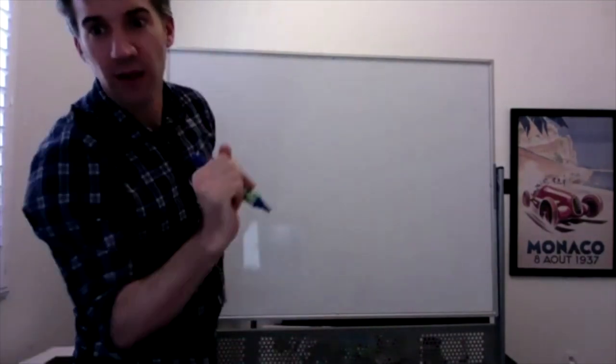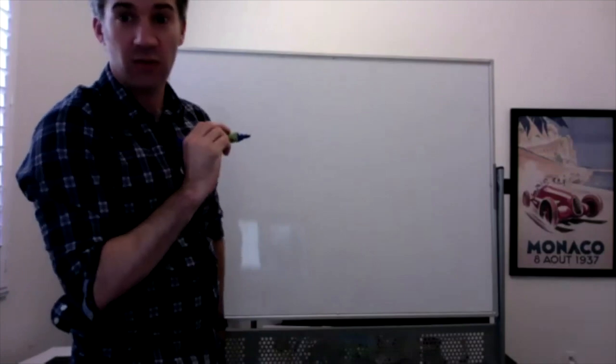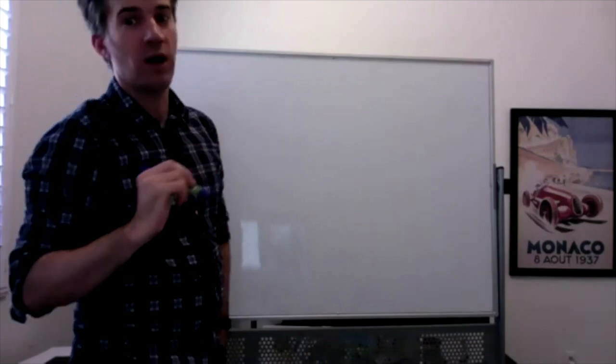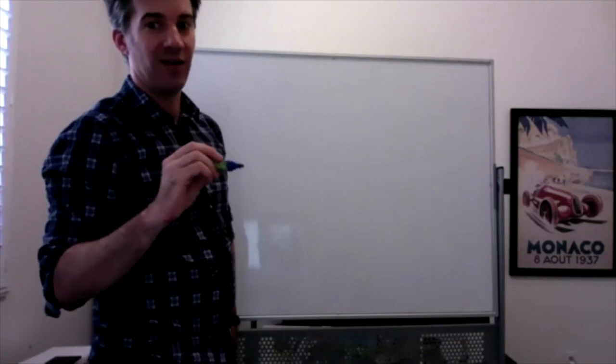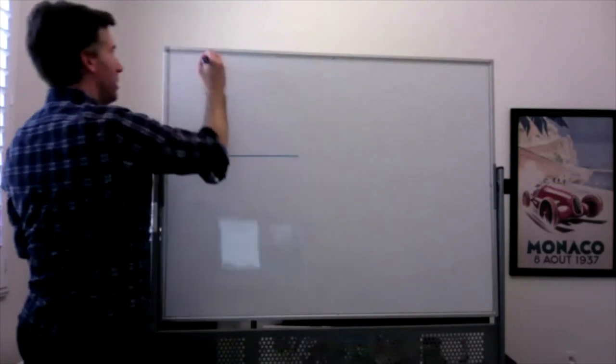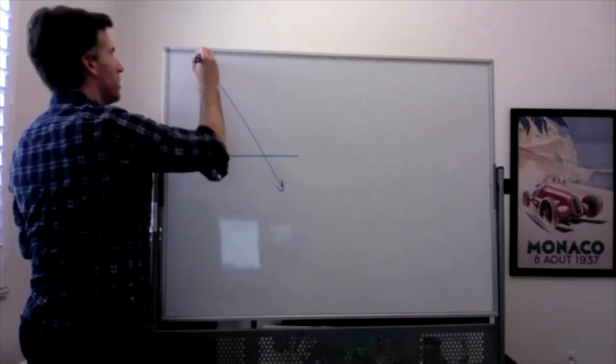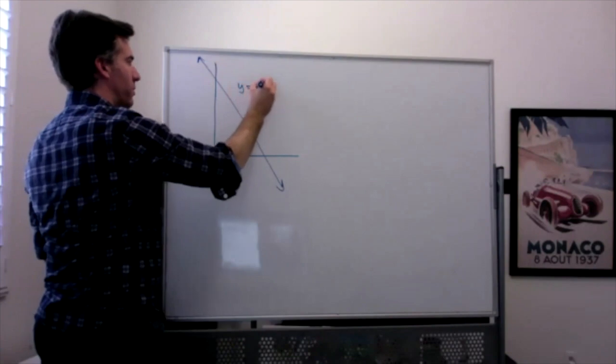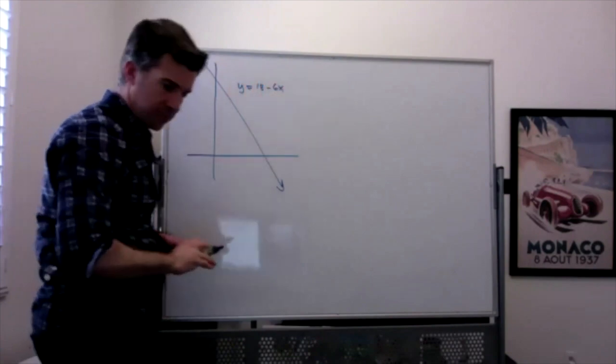So here's the next problem. Find dimensions of the largest rectangle in the first quadrant that can be inscribed under the line y equals 18 minus 6x. So here's the line y equals 18 minus 6x.